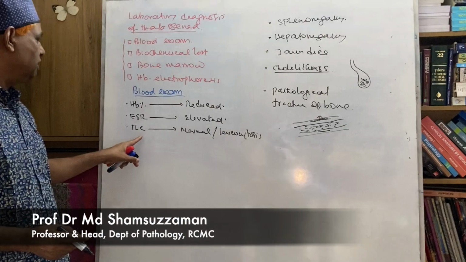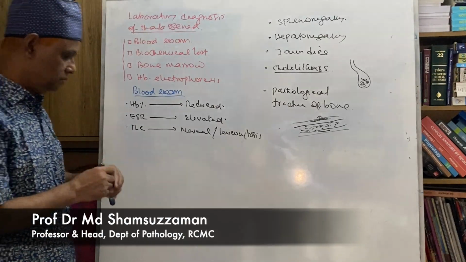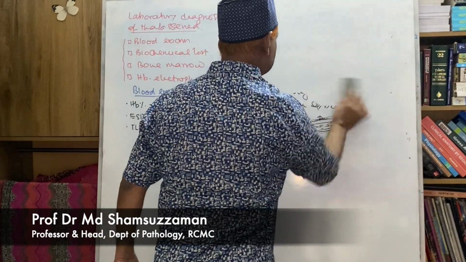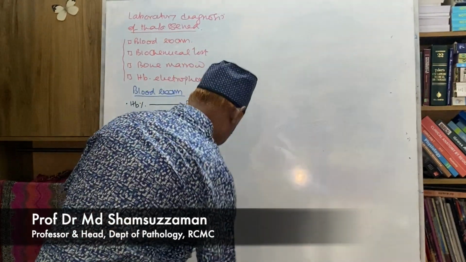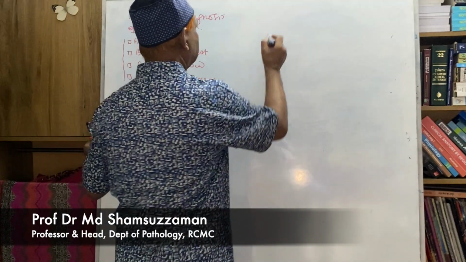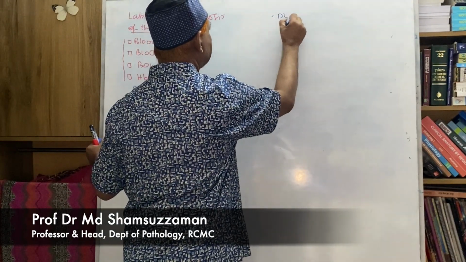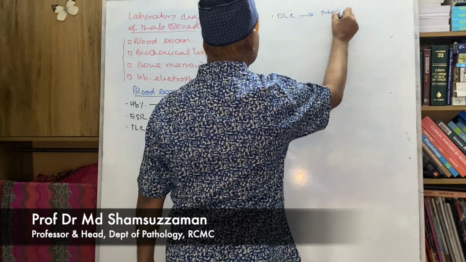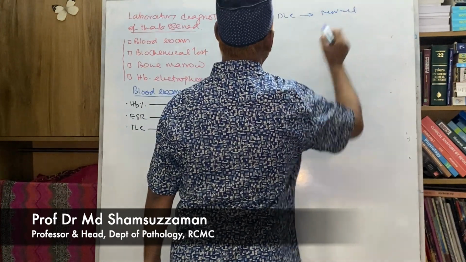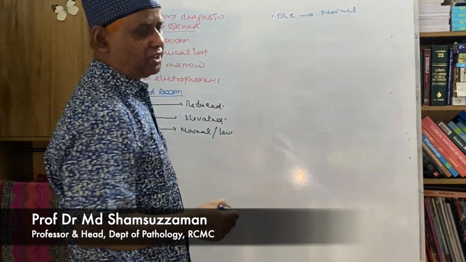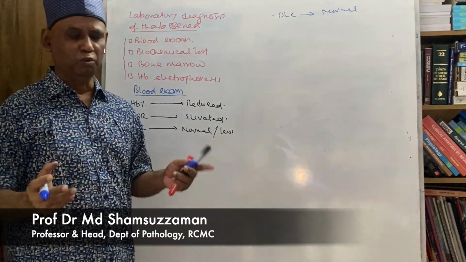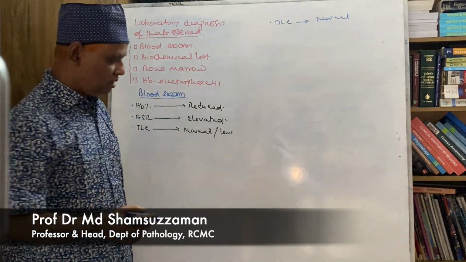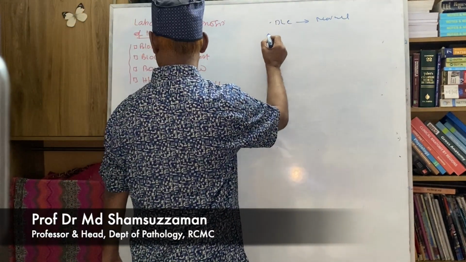If there is no concomitant infection, the TLC will be normal. Then differential count, it is normal, or sometimes there may be predominance of neutrophil. When there is infection, there will be predominance of neutrophil.